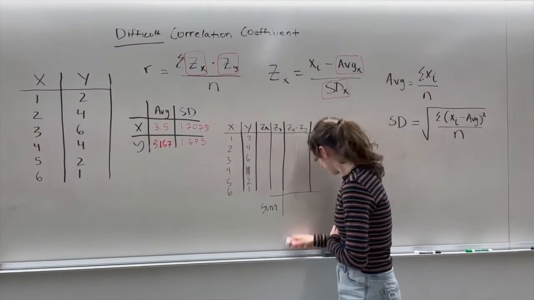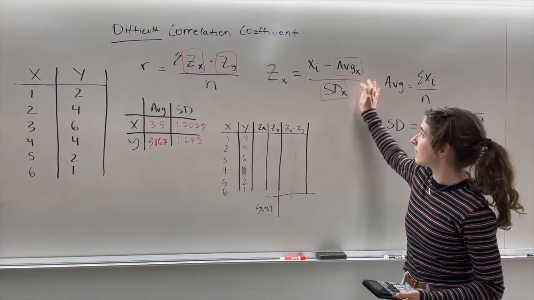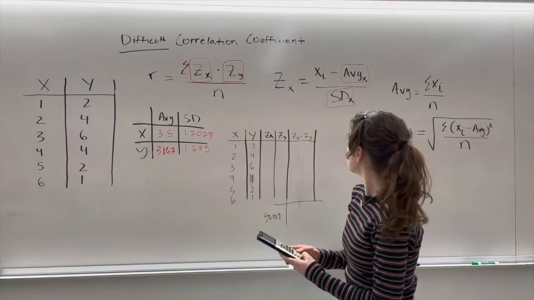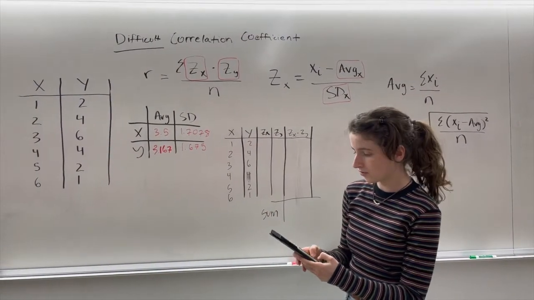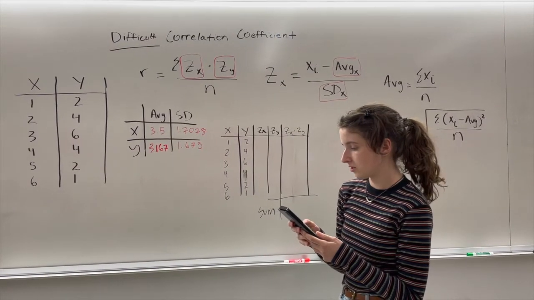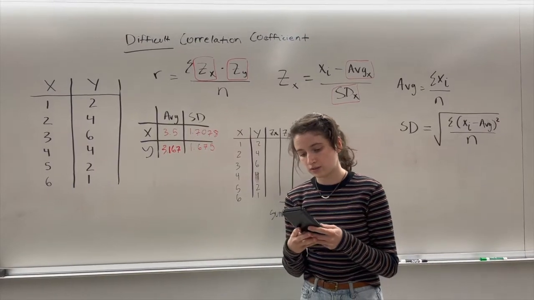So for this first one, what you do is you already have the average and the SD. Take the first value 1, subtract the average, which is 3.5, and then divide by the standard deviation, which is 1.7078.